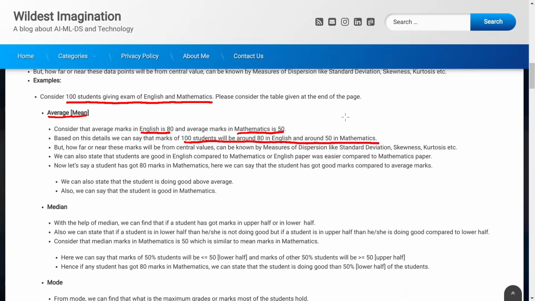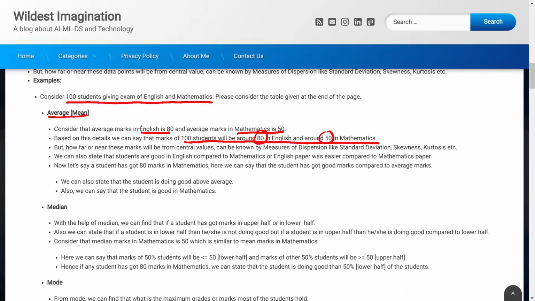Again, how far or how near these marks will be from these central values can be known by measures of dispersion only. It will only show the central position of all the data points.